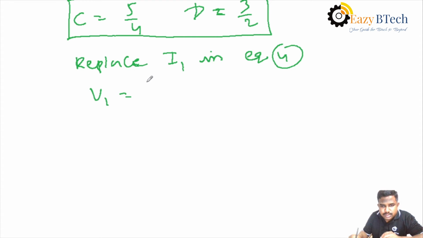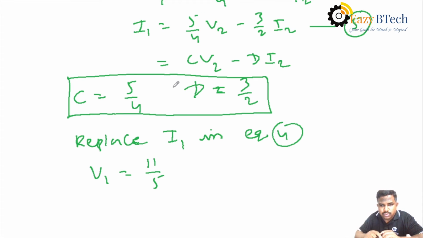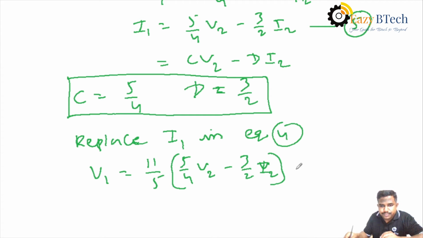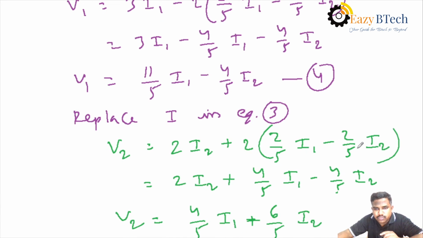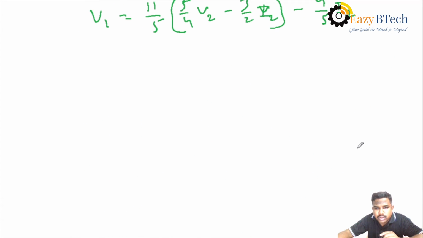That is 11 by 5 I1. What is the I1 value? We know 5 by 4 V2 minus 3 by 2 into I2, minus 4 by 5 I2. That is equation 4, 4 by 5 I2. Then we have to simplify the equation here.